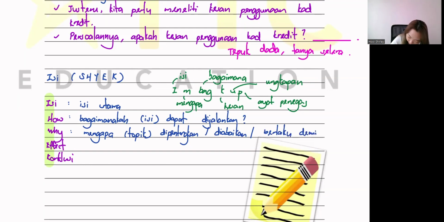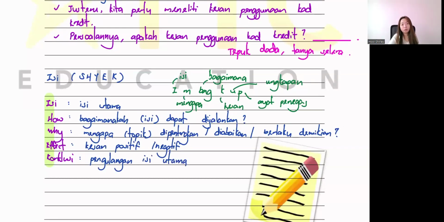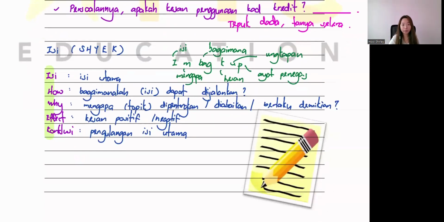Berlaku demikian. And the effect, kesan positif ataupun kesan negatif jika berbuat demikian. Then the konklusi, to repeat again, pengulangan isi utama. So this is the SHY, you explain on the isi.